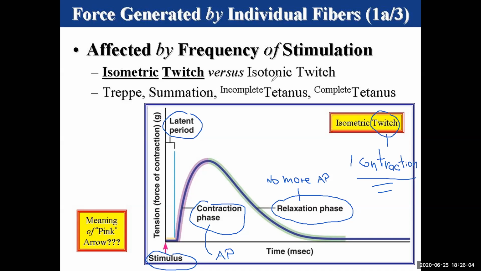When you lift a chair, your skeletal muscles are undergoing isotonic contraction. So that's the difference between isometric and isotonic. And a twitch is just one single contraction.